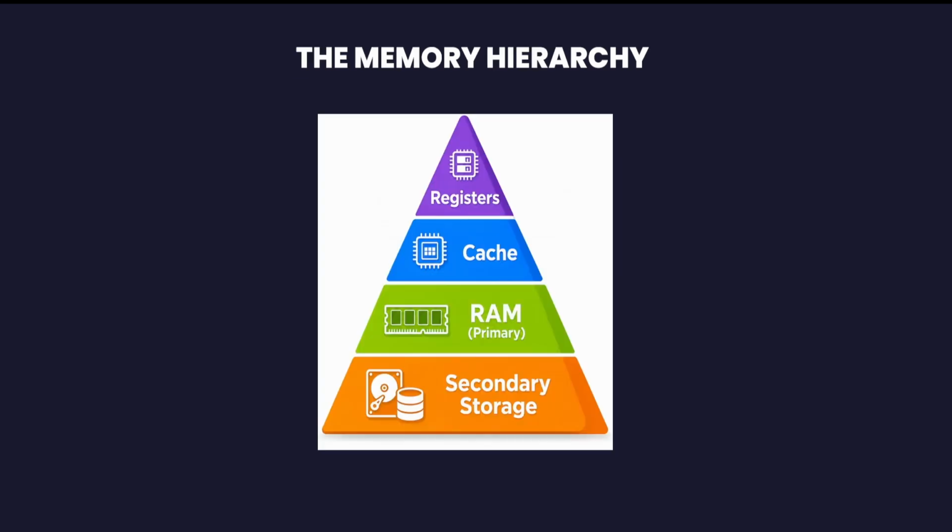Picture this pyramid. At the very top, registers. Inside the CPU, extremely fast, extremely small, extremely expensive per byte. As you move down the pyramid, cache, then RAM, then secondary storage like your hard drive or SSD. Each step down, you gain massive capacity, but you lose speed.